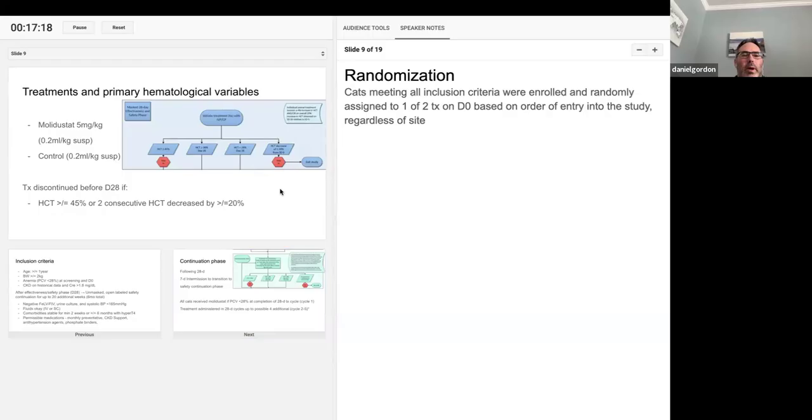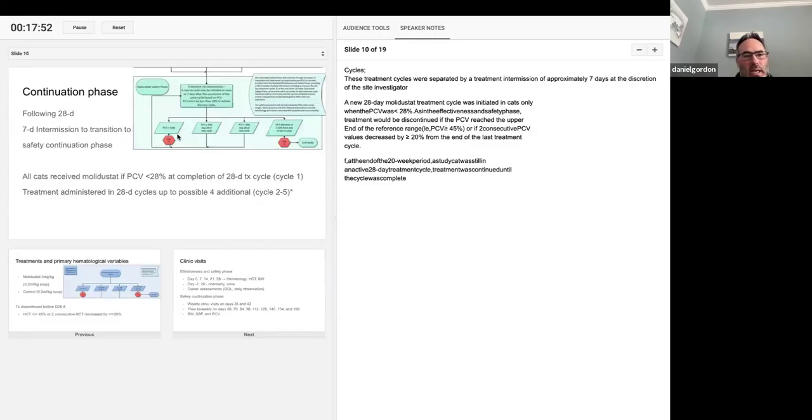If their hematocrit was greater than or equal to 28% on day 28, or they had a less than 28% hematocrit on day 28, they moved on to the continuation phase. This continuation phase looked at that following 28-day cycle where they had a 7-day intermission, which they ended up transitioning to this continuation.